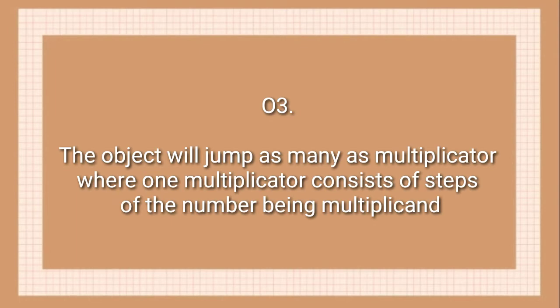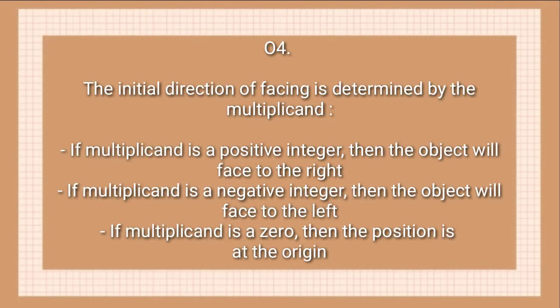The third, the object will jump as many times as the multiplicator, where one multiplicator number consists of steps of the number being the multiplicand. The fourth, the initial direction of facing is determined by the multiplicand. If the multiplicand is a positive integer, then the object faces to the right.